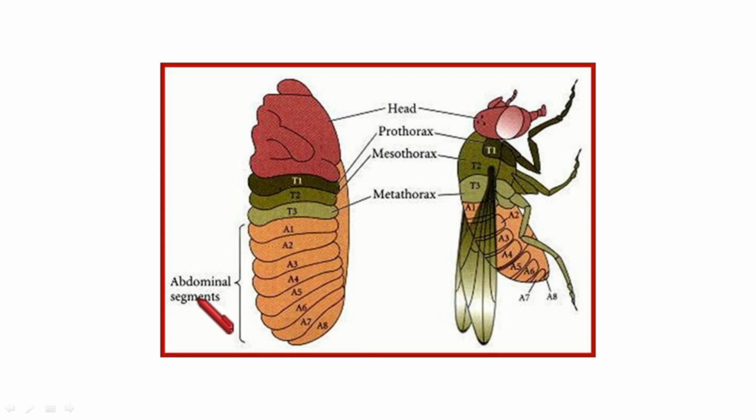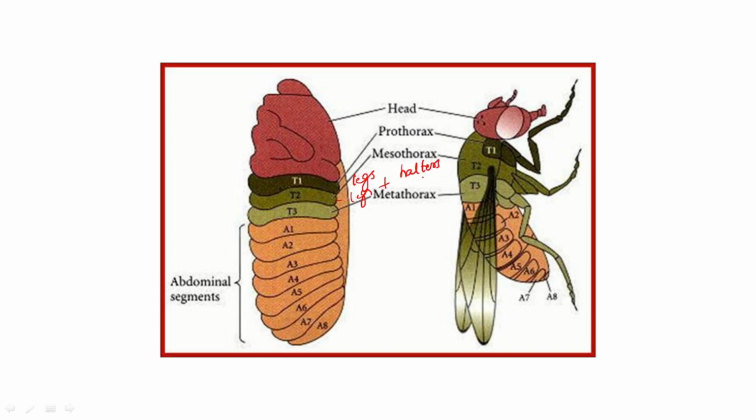That will become the abdominal segments, and each segment is distinct from one another because of the attached structures to it. The first thorax segment possesses only legs, and the second one possesses legs plus halteres.